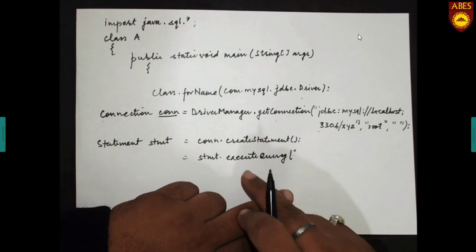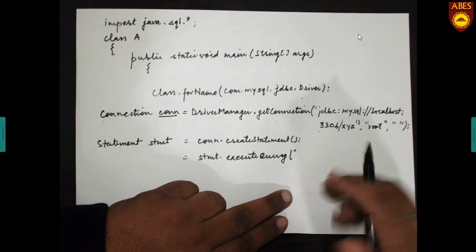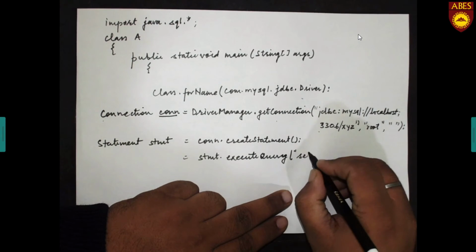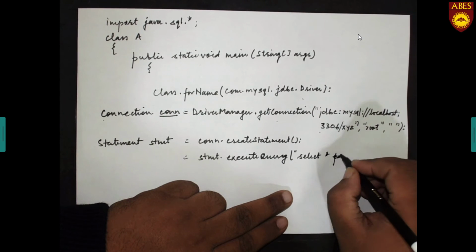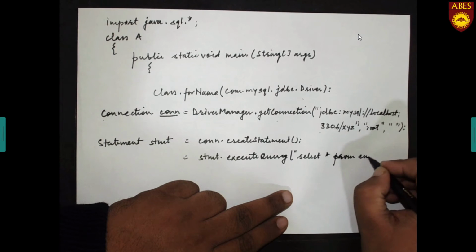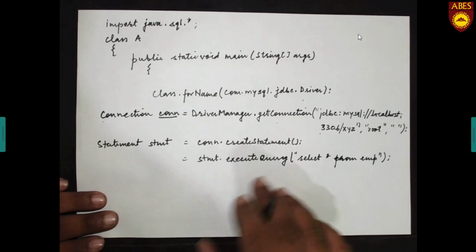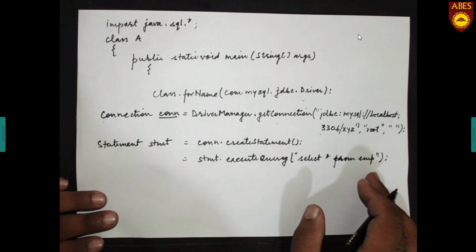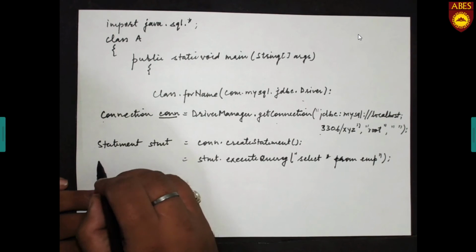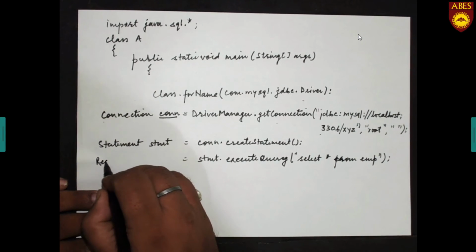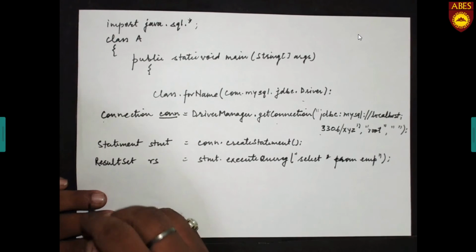In executeQuery we specify the SQL query. So in executeQuery I have passed an SQL query like select asterisk from employee. So statement.executeQuery, select * from employee. The result of this query will be stored in the ResultSet class, ResultSet rs.